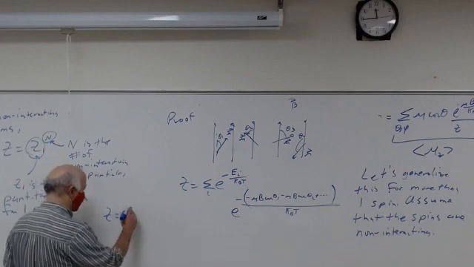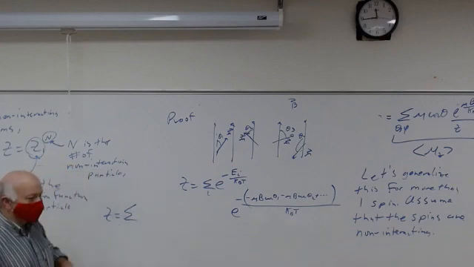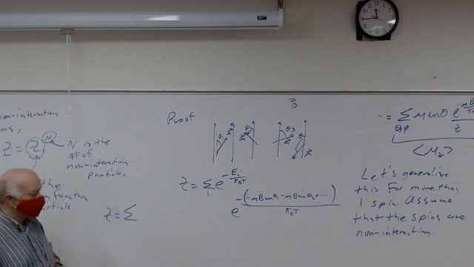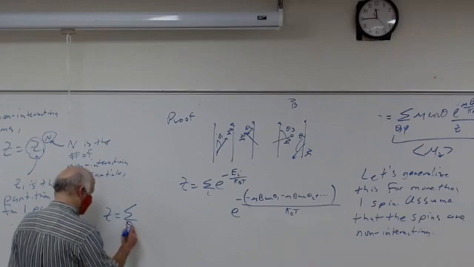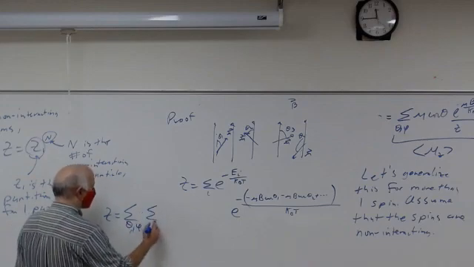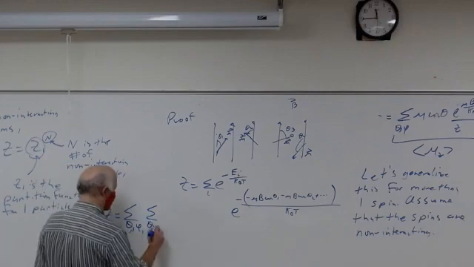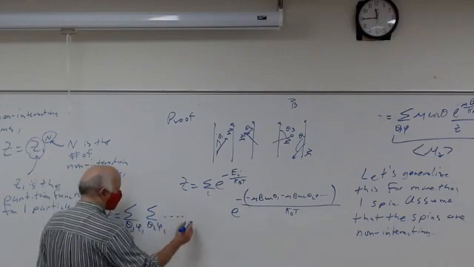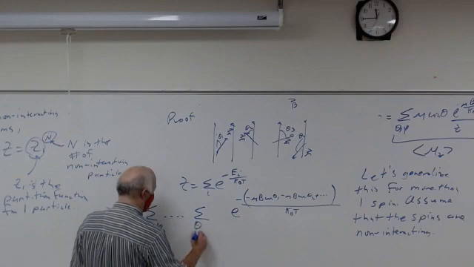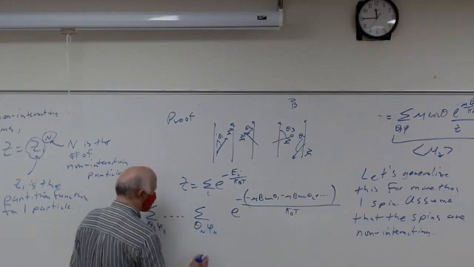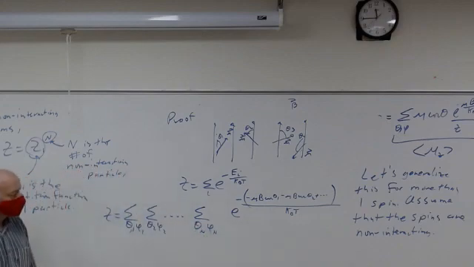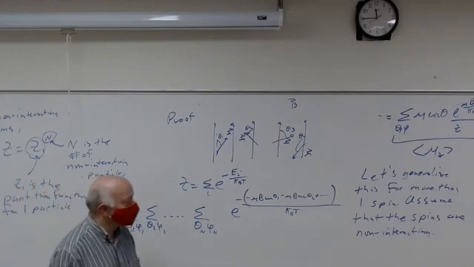Okay, so what do we have to do? We have to sum over, for the first particle, all theta 1 and phi 1. For the second particle, we have to sum over all theta 2 and phi 2, and so on and so forth into the very last one, theta and phi. Okay, now you've seen this before.